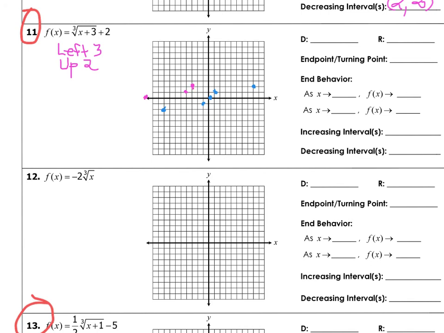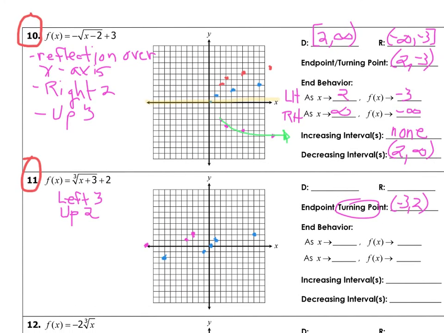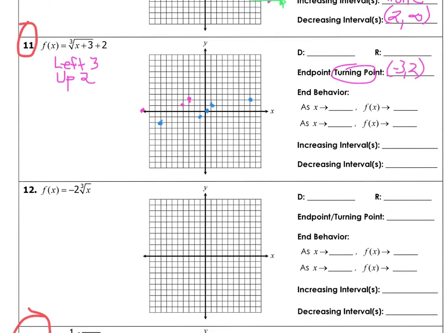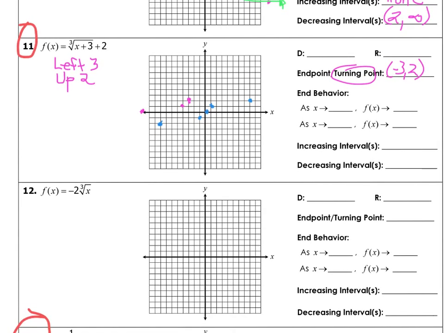So I'm going to state my turning point right now. It's negative 3, positive 2. I don't know if I circled that on my last one, but this is a turning point. Did I? No. So this one was an endpoint, just to fix that. Okay, back up here. Let's continue.